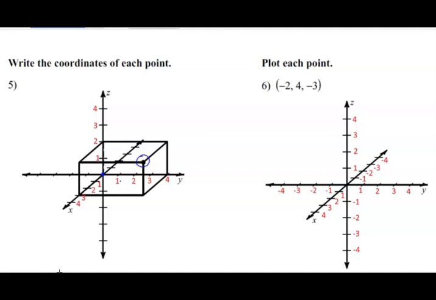So let's look at this example. We know that it's going to be over here for the X values. So it went forward 3. And then it goes up a certain amount as well. It's going to go up 2.